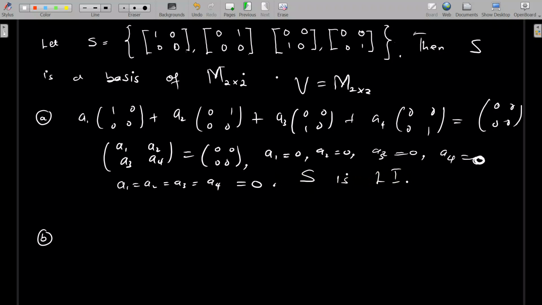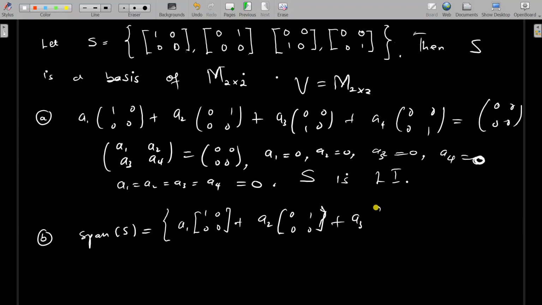The second part is to look at the span of this S. The span of this S is equal to the linear combination A1 into 1 0 0 0 plus A2 into 0 1 0 0 plus A3 into 0 0 1 0 plus A4 into 0 0 0 1.